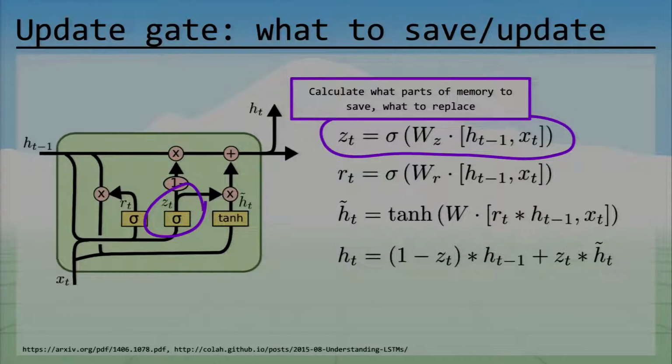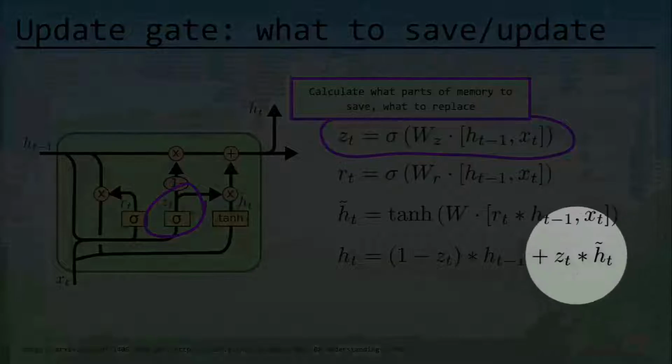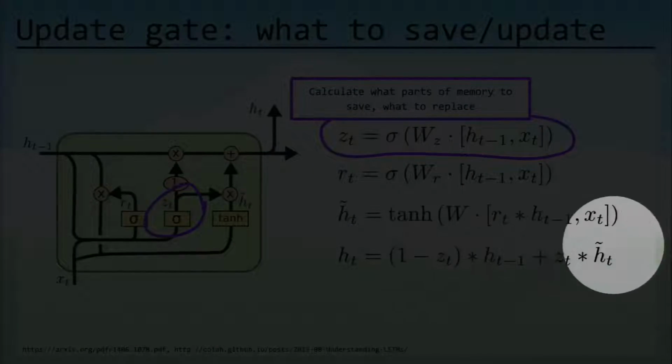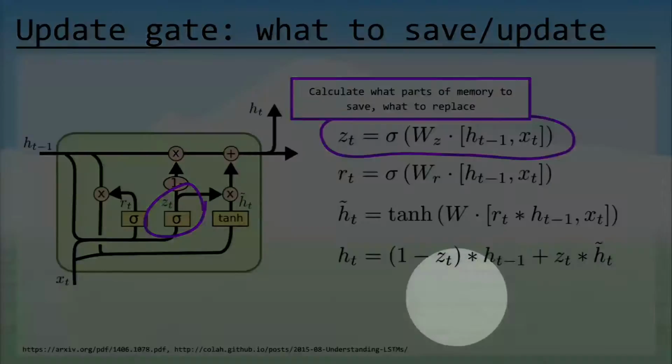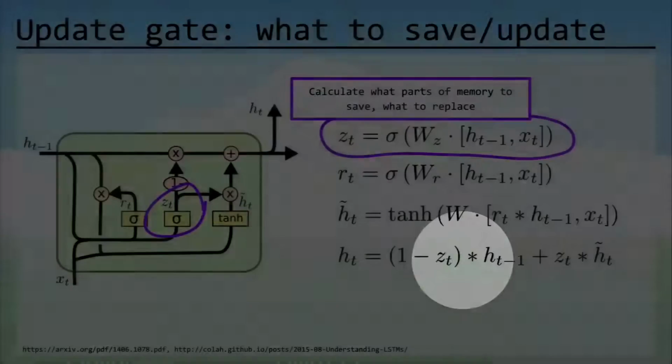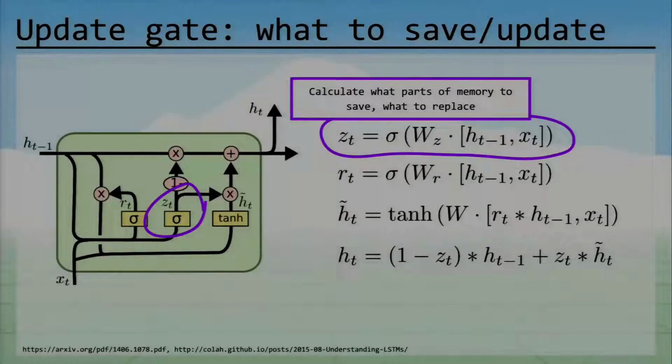And so we can think about this as trying to figure out which parts of our previous memory are important, which parts should we keep around, and which parts can we just throw out or get rid of. And what we end up doing with this z is multiplying it by our updates that we've proposed, h tilde, or multiplying 1 minus it by the previous state that we had.